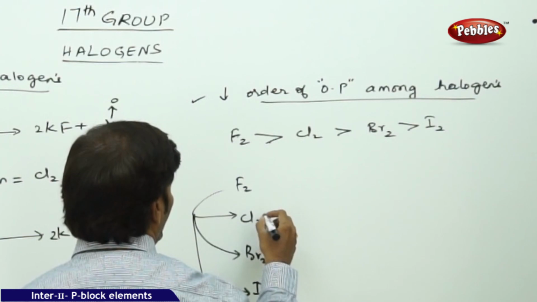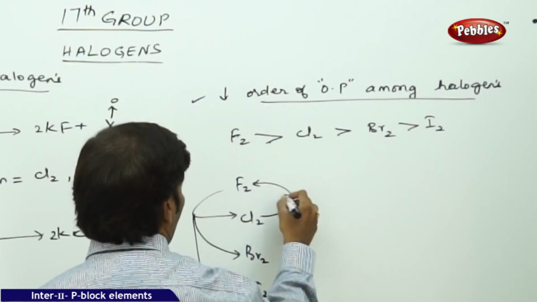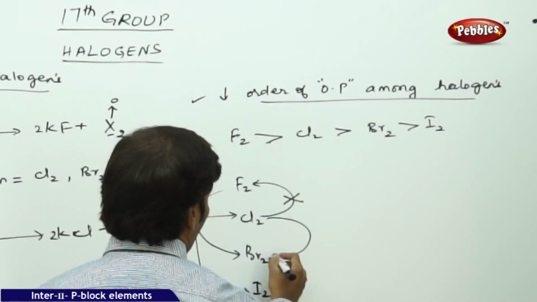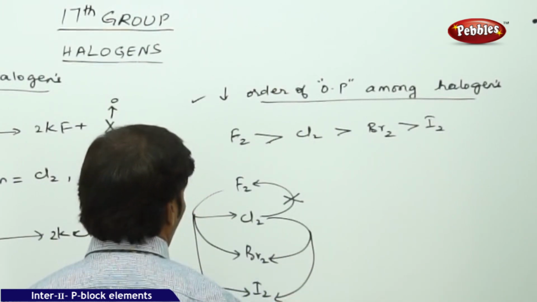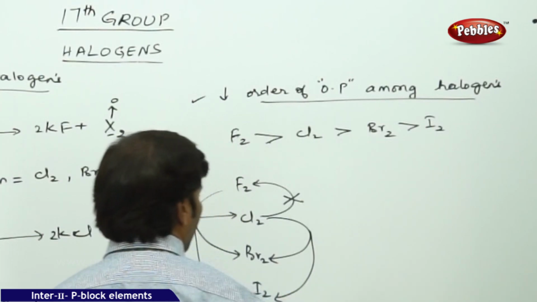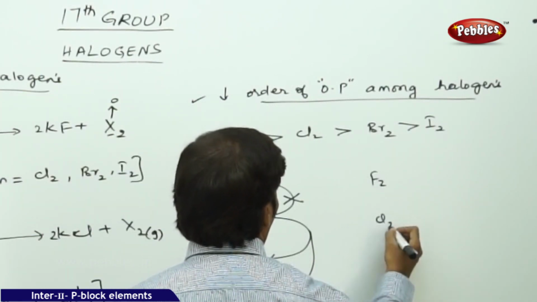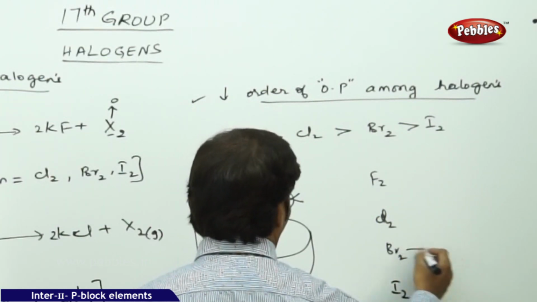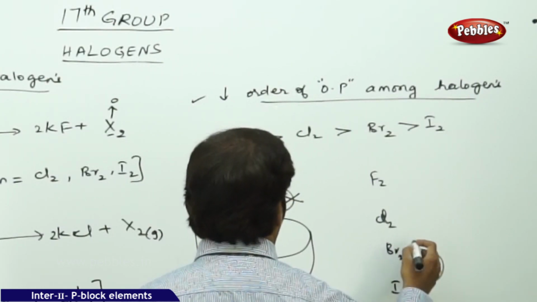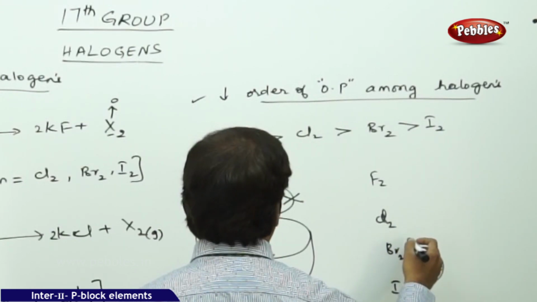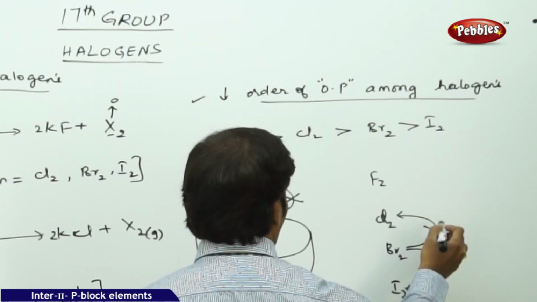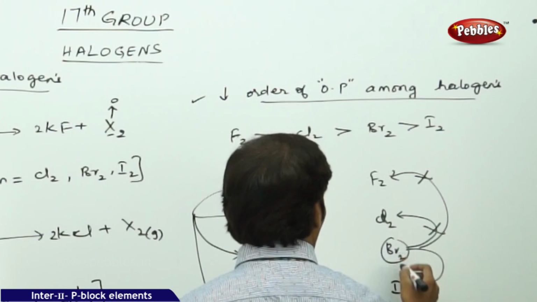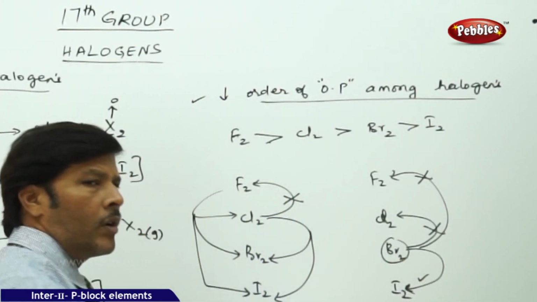But chlorine cannot oxidize fluorine; however, chlorine can oxidize bromine and also iodine.